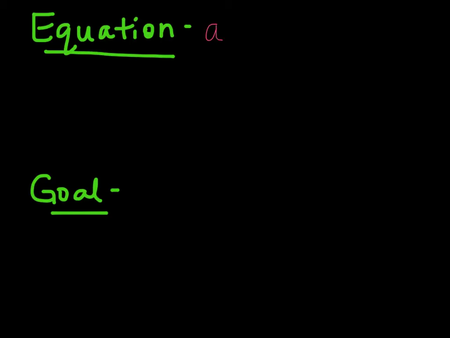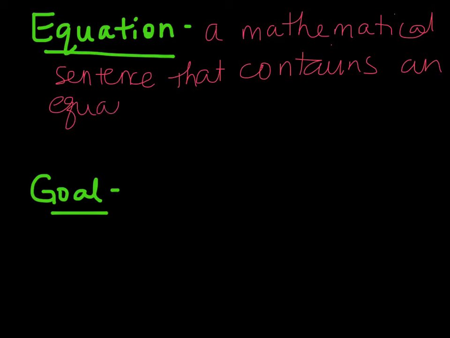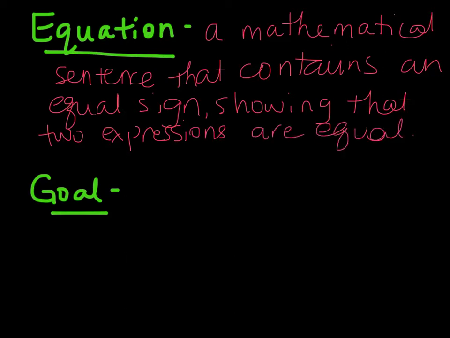An equation is a mathematical sentence that contains an equal sign, and what it does is show that two expressions are equal. So it can be simple, or sometimes it's a little bit more complex.